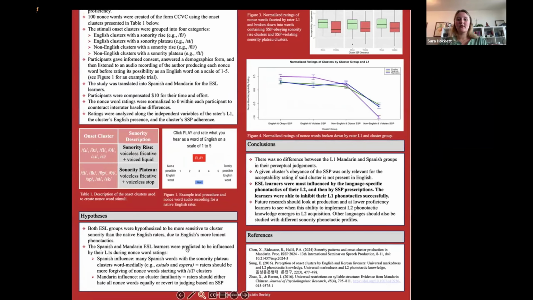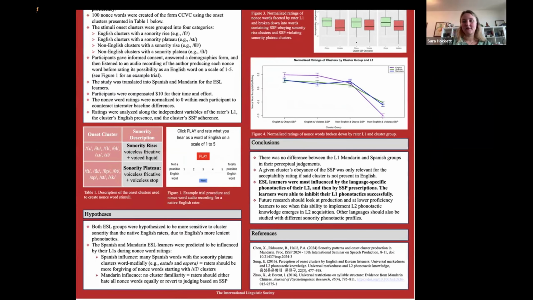It was hypothesized that both of these ESL groups were going to be more sensitive to sonority than the English controls, too. English has varying clusters; we have clusters that obey this rule and some that don't. And then it was also hypothesized that the two ESL groups were going to differ from each other based on their native language. So Spanish has a lot of words that have that ST, SP, not at the start of a word, but in the middle of a word.